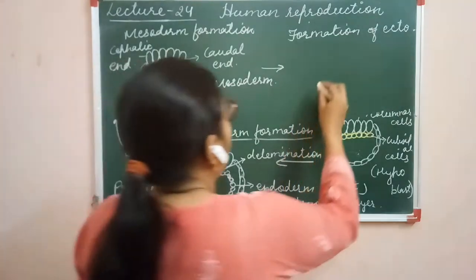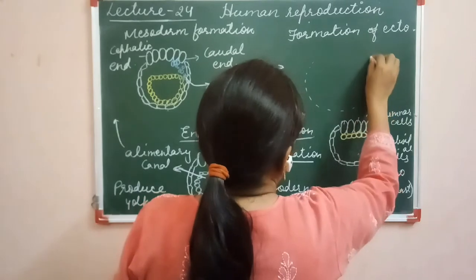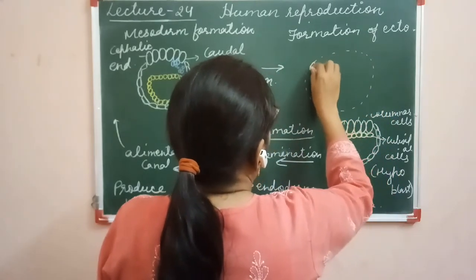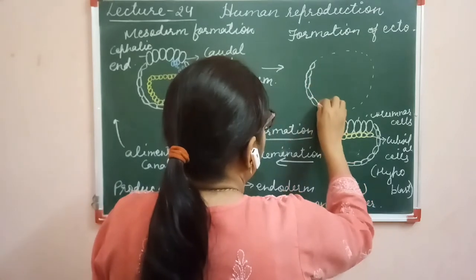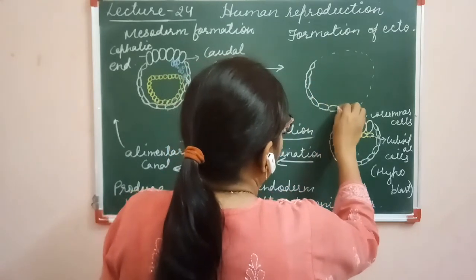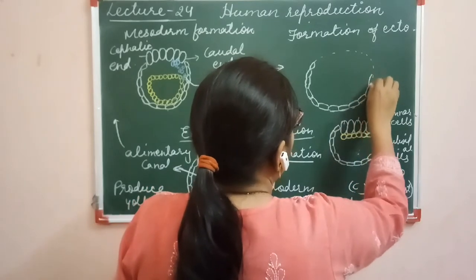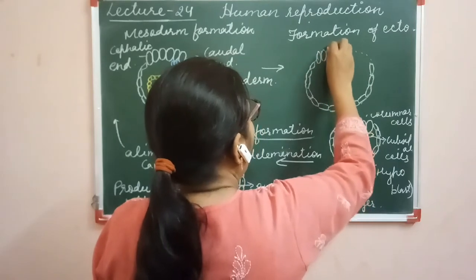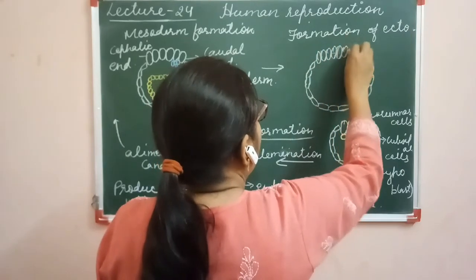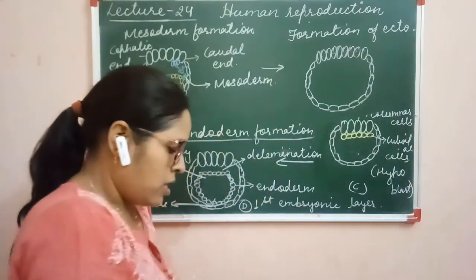In ectoderm formation, again the trophoblast cells, these are the cells of trophoblast which remain in contact till the completion of embryogenesis. So this is the trophoblast, and here are the cells of epiblast. These are the columnar cells of epiblast.